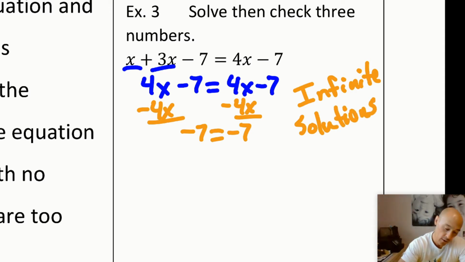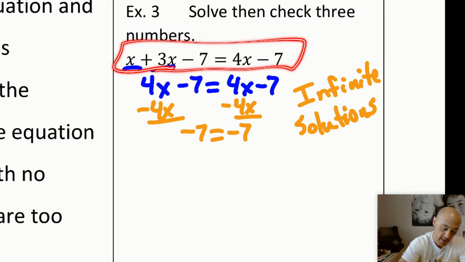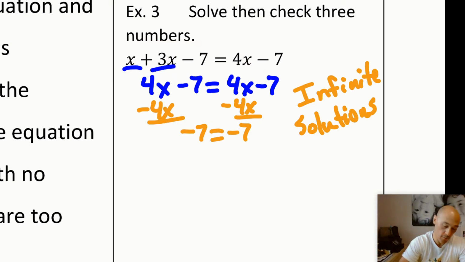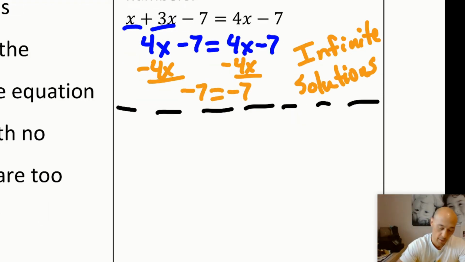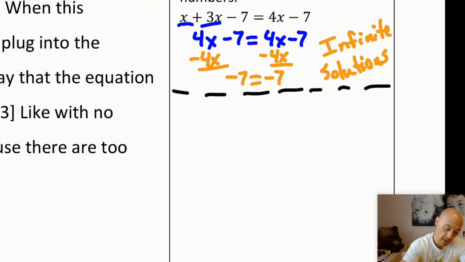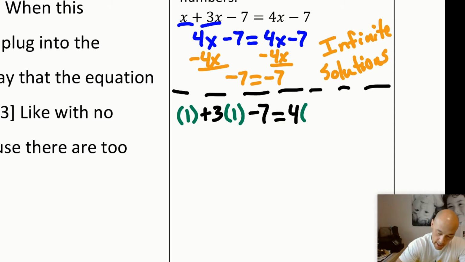That means that no matter what number we plug in for x, this equation will turn out to be true. So let's try a few numbers. First, I'm going to try plugging in 1. So 1 plus 3 times 1 minus 7 is equal to 4 times 1 minus 7.